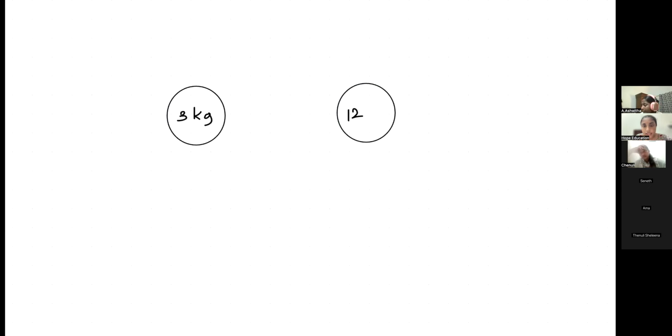This is thrown at a velocity of 12 ms minus 1, and this is also thrown at a velocity of 12 ms minus 1. So there are two objects of different masses, both thrown towards you at the same velocity. Which one will be more difficult to catch? The 8 kilogram object.